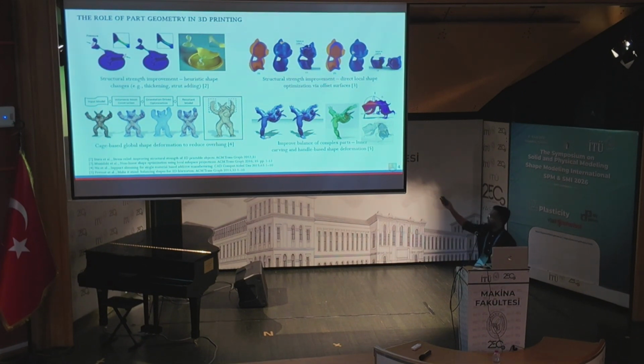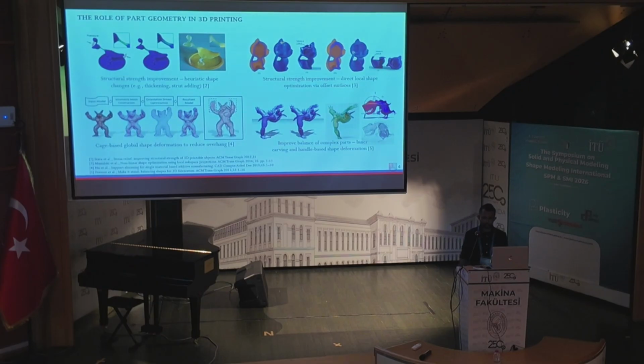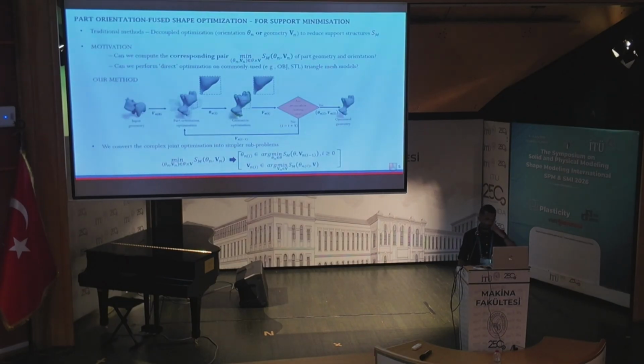There have also been other methods to improve the balance of 3D printed parts, and lots of other applications of geometric optimization. So in general, these examples show that geometric optimization is quite useful to improve 3D printing performance.